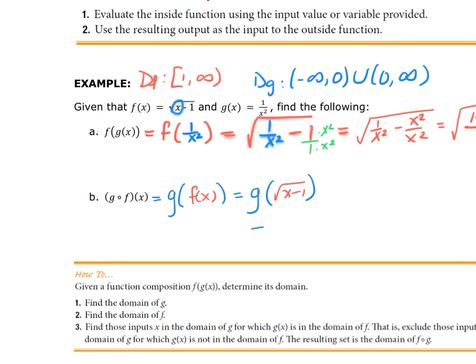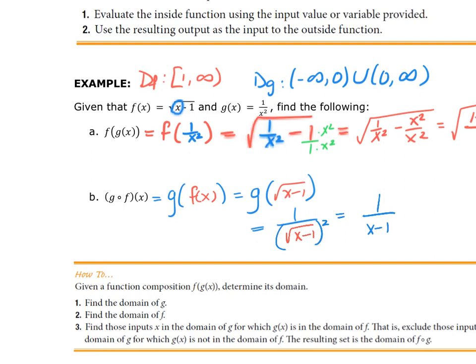So this is going to be equal to 1 over the square root of x minus 1, the quantity squared, which is simply just going to give me 1 over x minus 1. When I square a square root, it's just whatever's underneath, so x minus 1. So that's my final answer.